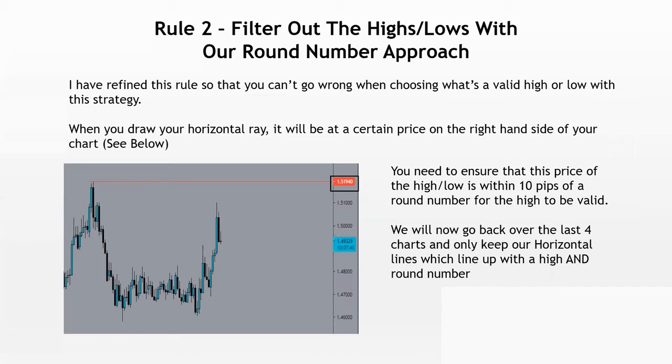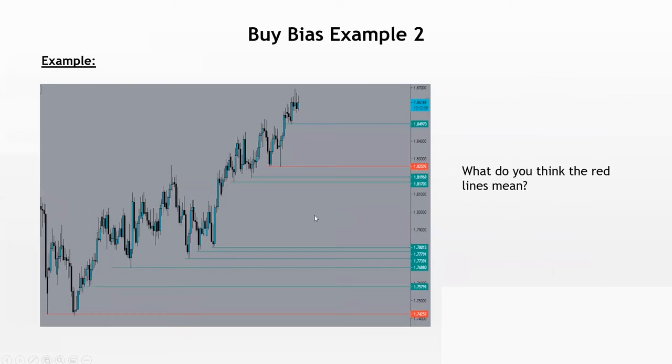If your line, for example, if I go back one minute, guys, let's say we target just this low here. If we look at what price this low is at, it's at 1.7579. So that is 21 pips away from a round number, okay?